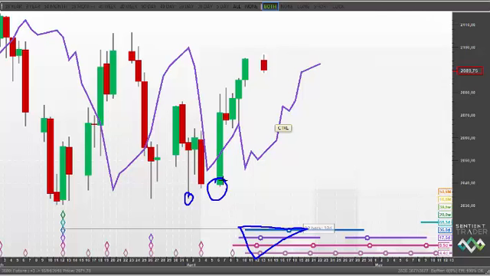Price bounced out of it very early. Now that's only a few days before the earliest point at which the 40-day cycle trough could have occurred. So we need to look at that, and we need to ask ourselves, is it possible that that was, in fact, an early instance of a 40-day cycle trough?